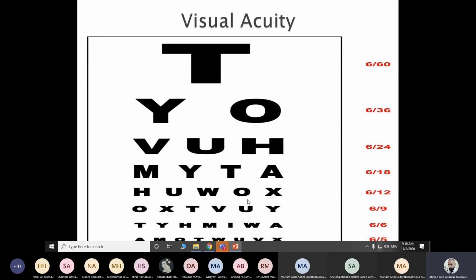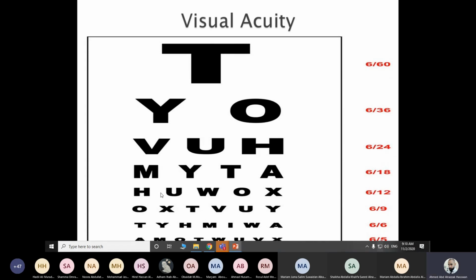If he couldn't appreciate the X and O, 6 over 12 minus 2. If he couldn't appreciate up to 3 letters, we can still give him the mark of this line, but minus. So if he misses the W, O, and X, we would say this is 6 over 12 minus 3.